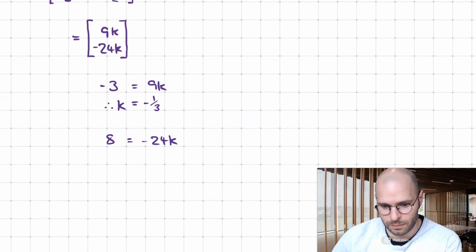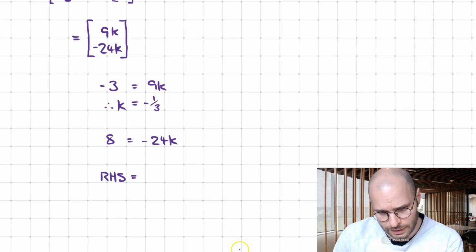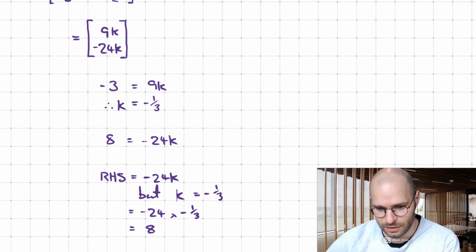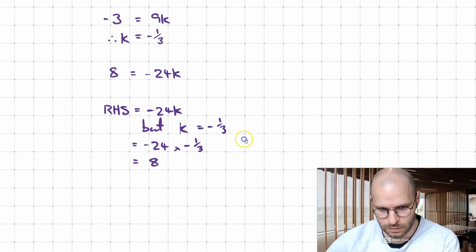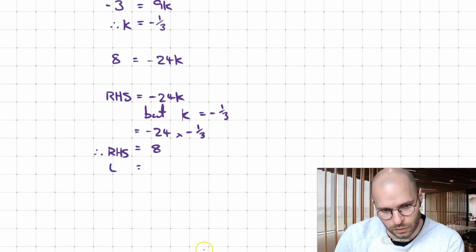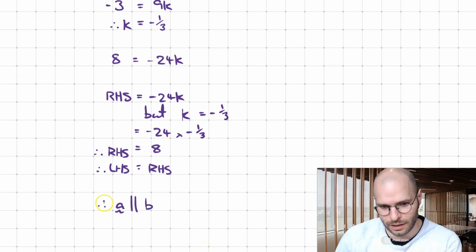So working from this, right hand side equals negative 24k, but k equals negative 1/3. Subbing this in, we can see that the right hand side equals 8. Therefore, the left hand side and the right hand side are equal. Therefore, a and b are parallel.